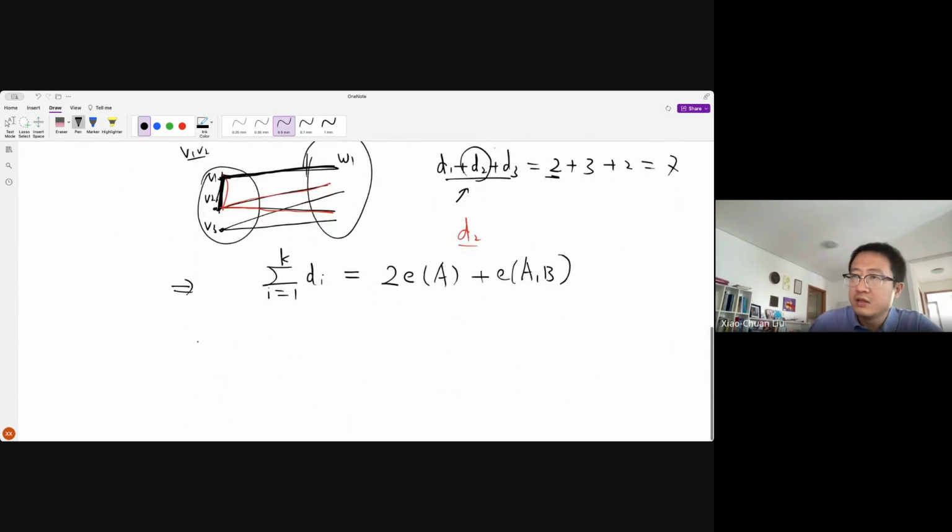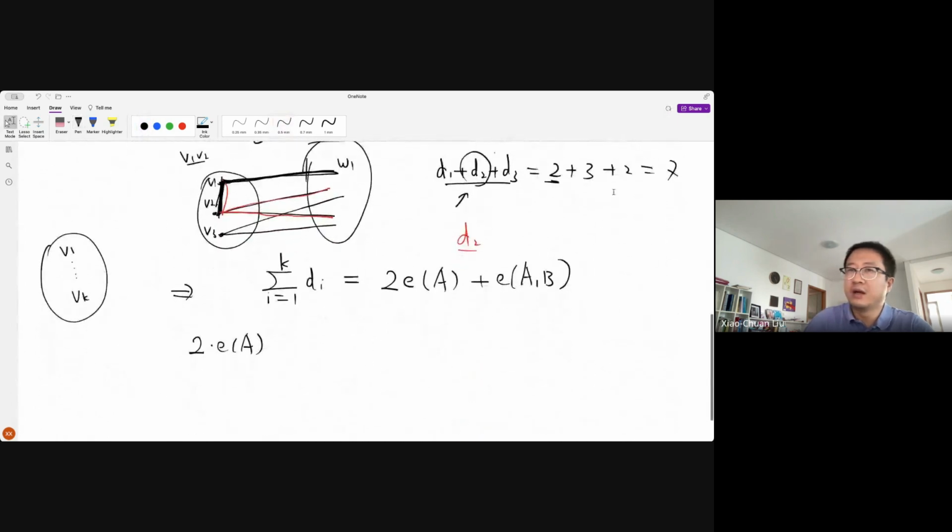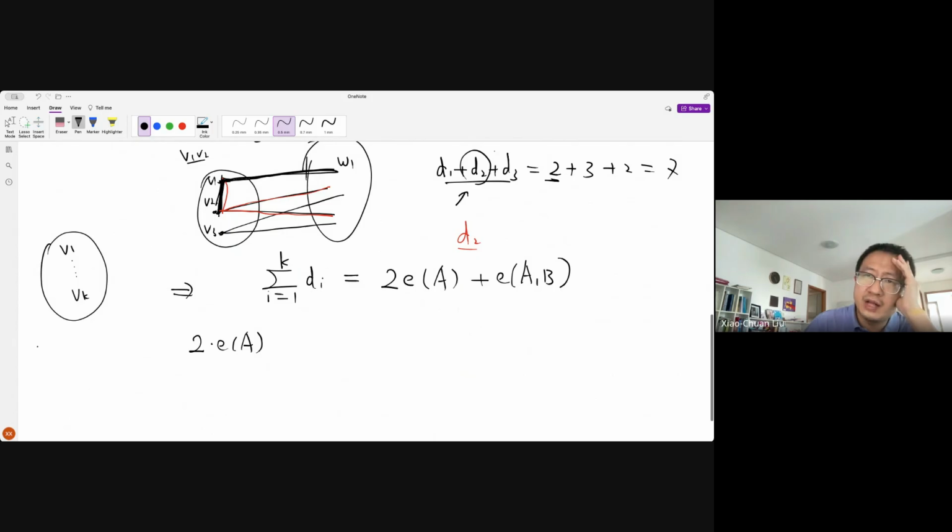And then what is 2 times E(A)? So A has k vertices. What is the edge number of a complete graph on k vertices? What we call K_k. So E(K_k) is k choose 2. All the pairs are edges, okay?